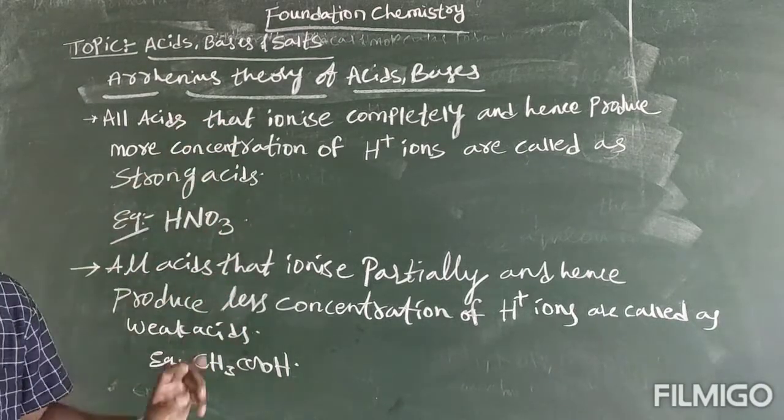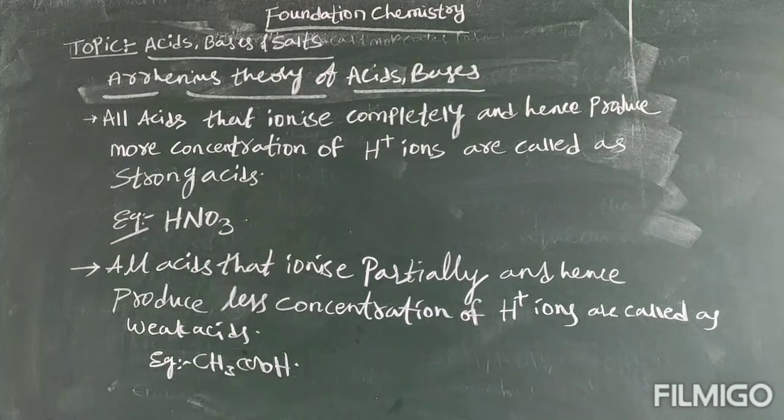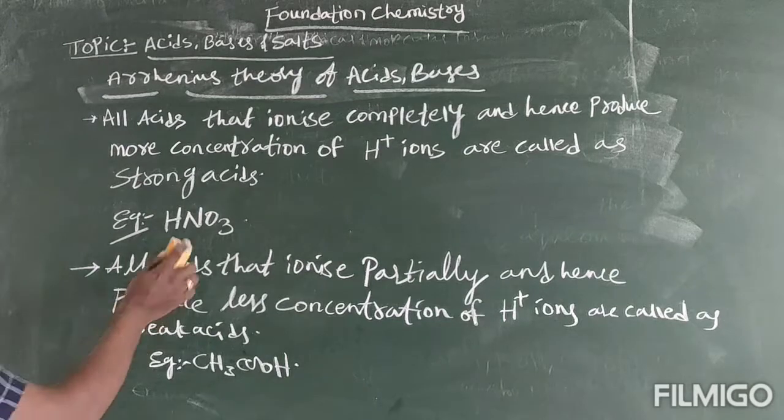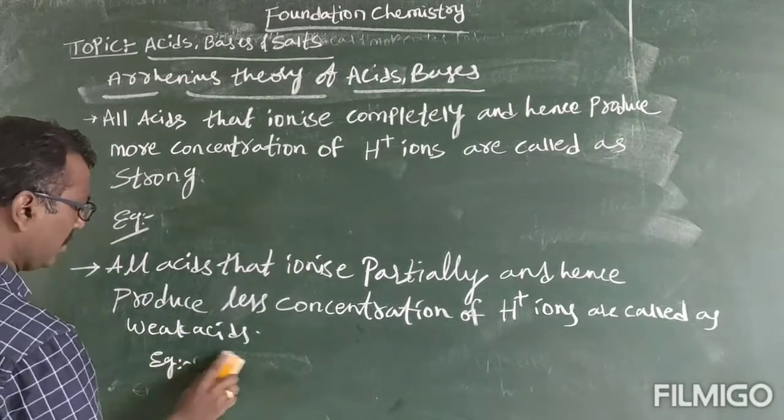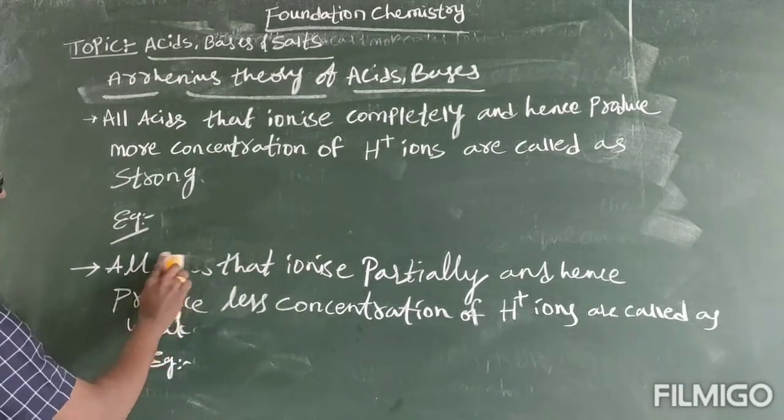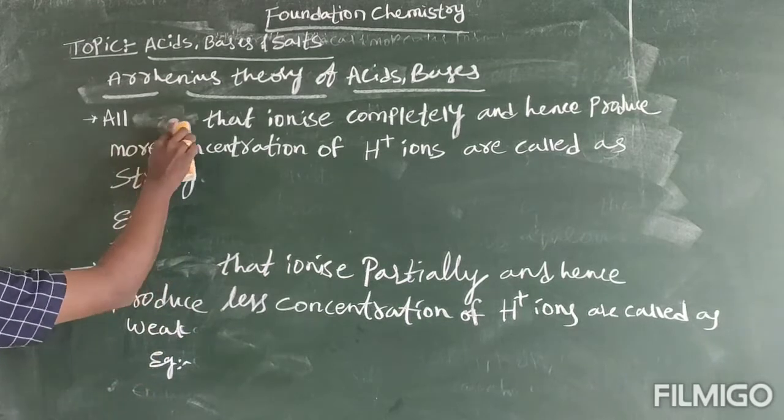You can note down these two definitions. All acids that ionize completely and hence produce more concentration of H plus ions are called as strong acids. And all acids that ionize partially and hence produce less concentration of H plus ions are called as weak acids. Okay. Now, what we will do? Similarly for the base. What is a strong base and weak base?